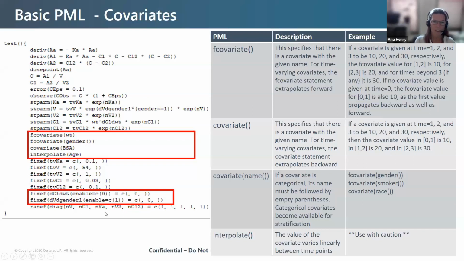Okay, you will see also that within the fixed statement, we have this enable, and those are useful for covariates. We have the options to do a covariate search, that we haven't shown you yet, but it's going to be some options of the engine to determine whether these covariates are maybe significant, whether they are important, and you can do this selection of covariate search, and enable means that it's going to allow those to be in your model.